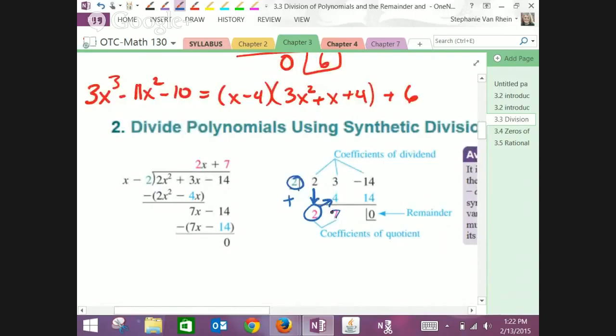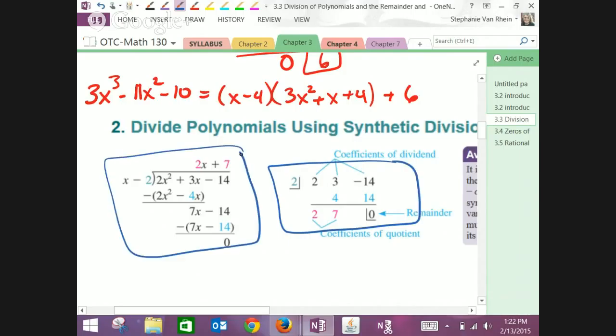So you take 2 times 7 and get 14. And then you add and you get 0. So you can see how this is a lot neater. It's a lot tighter. The same information is here as it is here. This is the coefficients of your quotient, or this is your quotient. You guys see that?